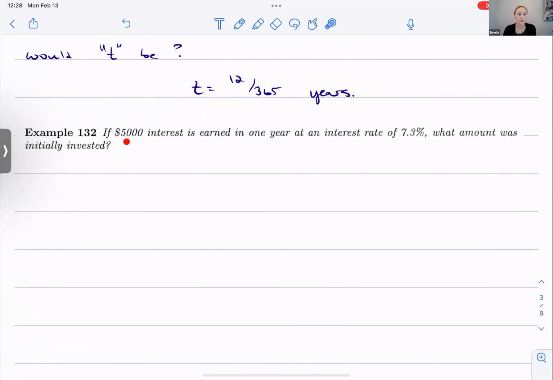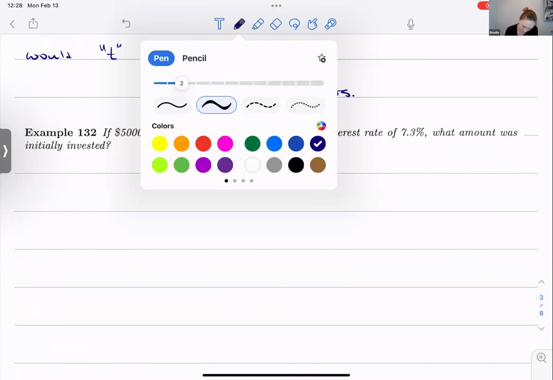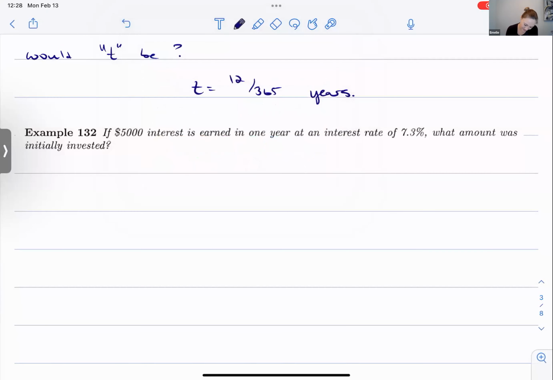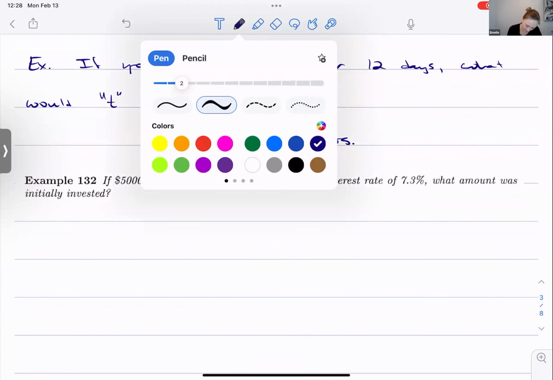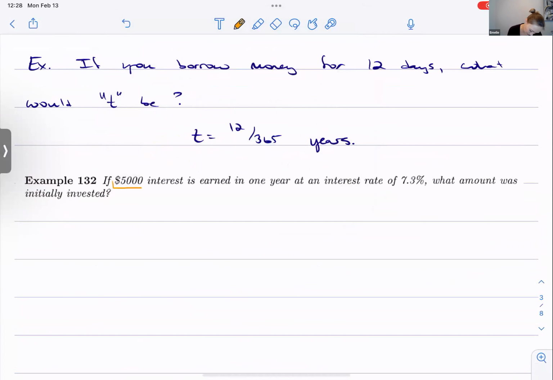Okay. If $5,000 interest is earned in 1 year at an interest rate of 7.3%, what amount was initially invested? Okay. And so let's outline the components that we have, and I'm going to try to use the same colors, although it's going to get tricky.